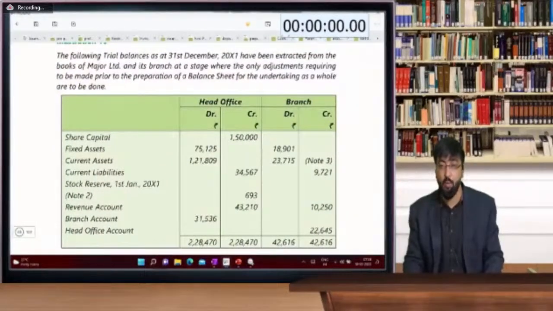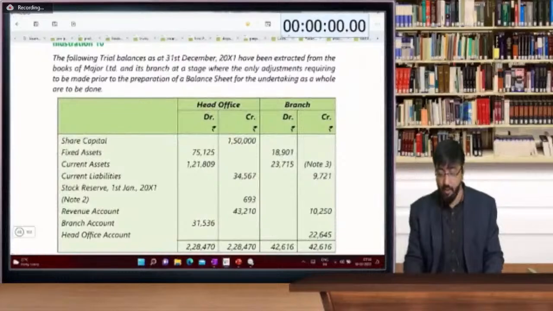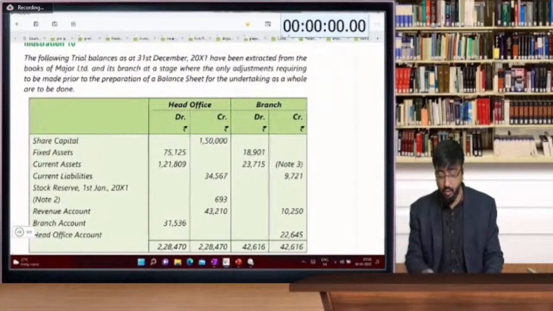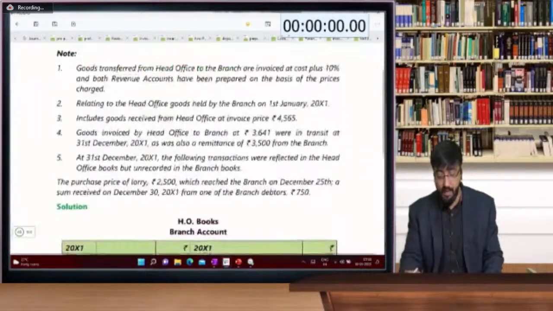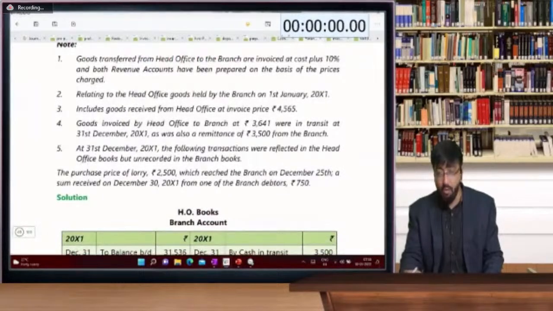We'll solve one more question before taking a break. That is illustration number 10. After this illustration, we are going to take a break, and then I will explain the concept of clubbing of income. I hope you are now clear with the concept of rectification entries. I'm giving you exactly 5 minutes to read this question and think about how you are going to proceed.